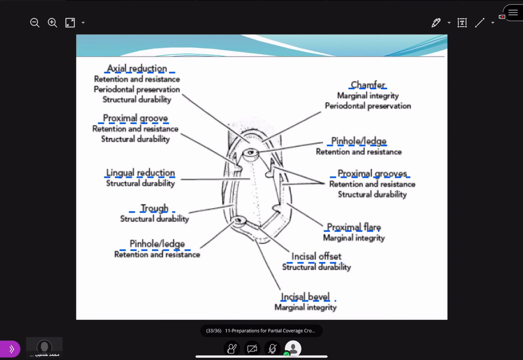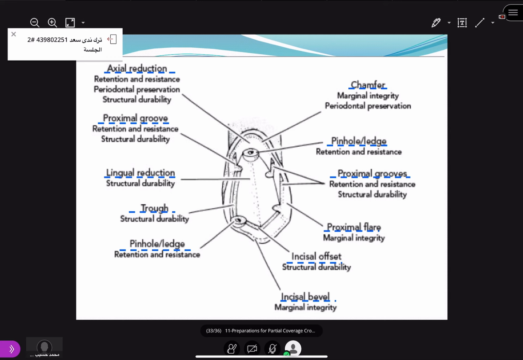Now you see in this picture the prepared pin modified 3/4 partial veneer crown. You see the chamfer finish line all around; it provides marginal integrity and periodontal preservation. The pinholes and the ledge provide retention and resistance. The proximal grooves provide retention, resistance, and structural durability. The proximal flare provides marginal integrity. The incisal offset provides structural durability. The incisal bevel provides marginal integrity.